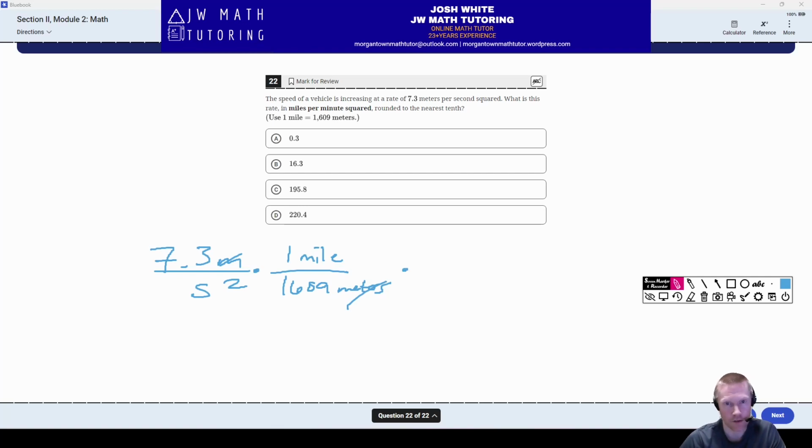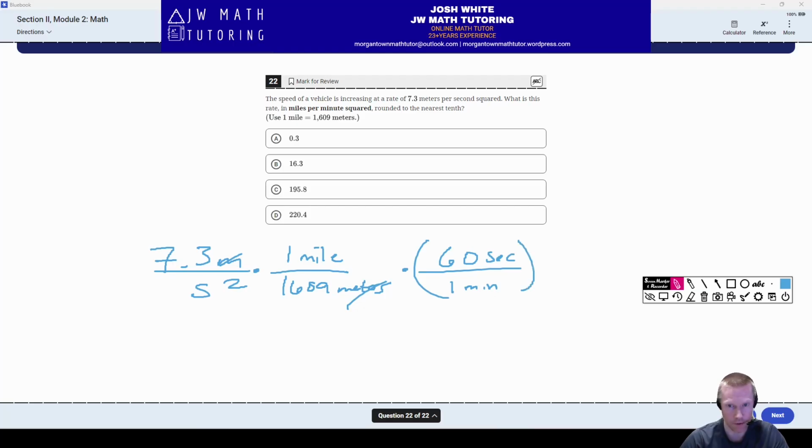Now we have to convert seconds squared to minutes squared. So you should already know 60 seconds, 1 minute. 60 seconds goes on top, 1 minute goes on bottom. But here's the problem. This is seconds squared in the denominator. So you need to multiply by this scale factor twice, or you need to square it.